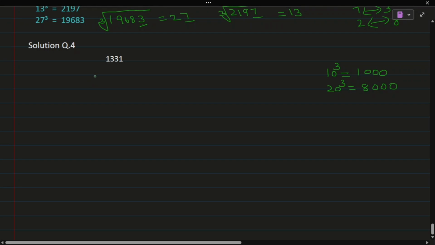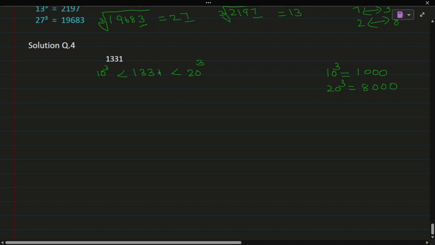That is, we can write this number 1331 is coming between 10 cube and 20 cube.